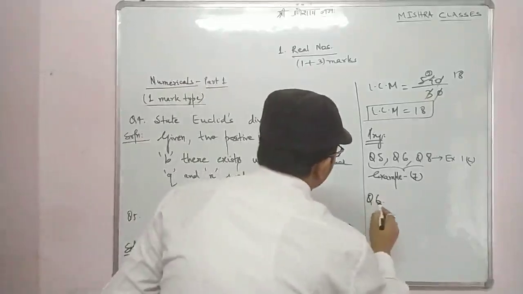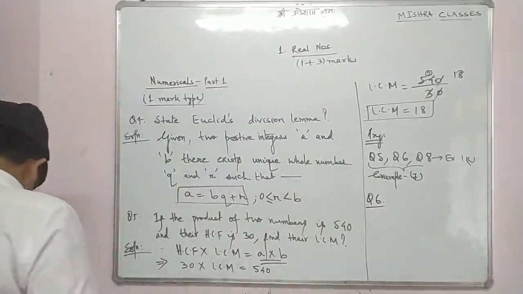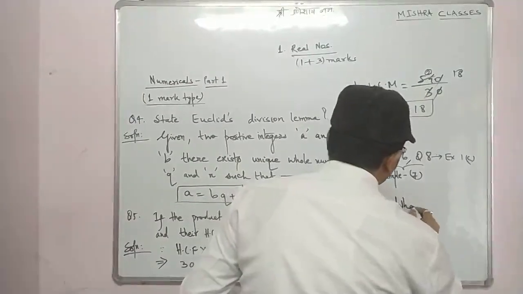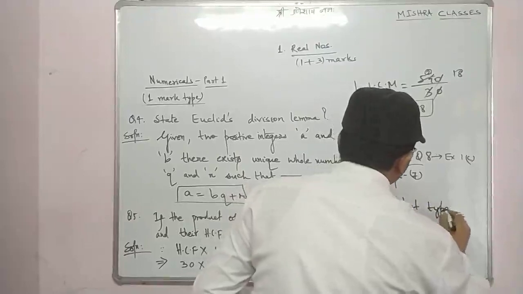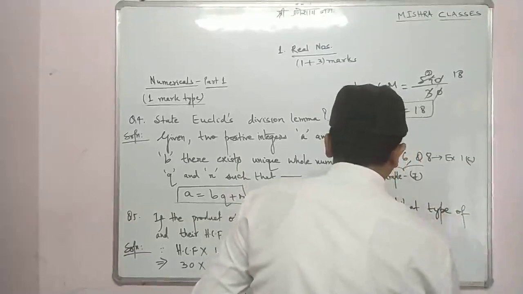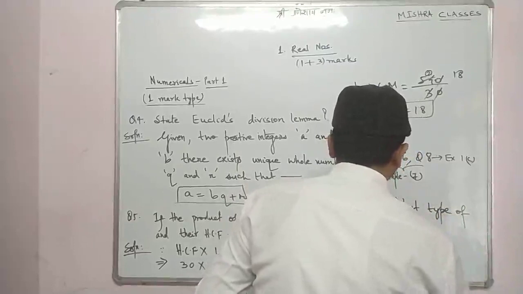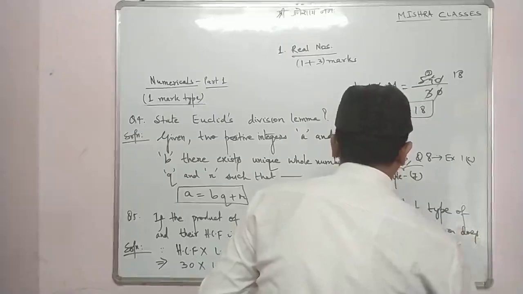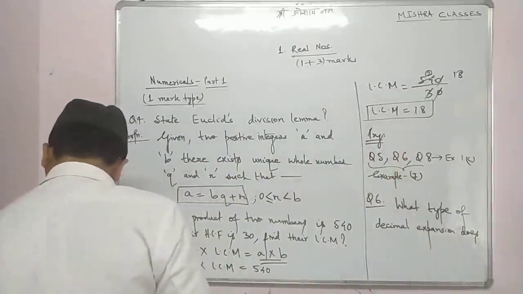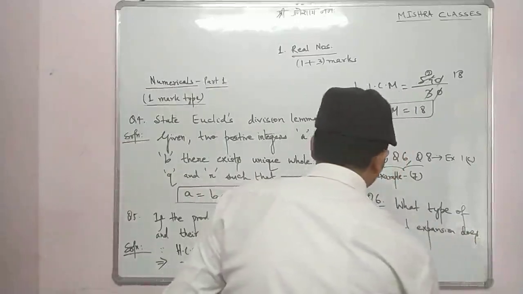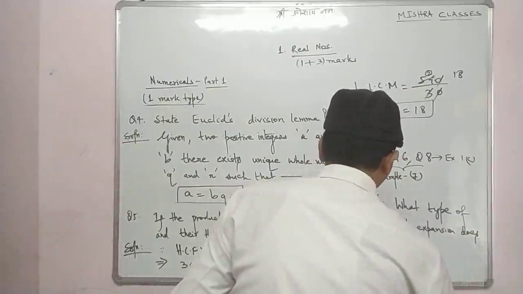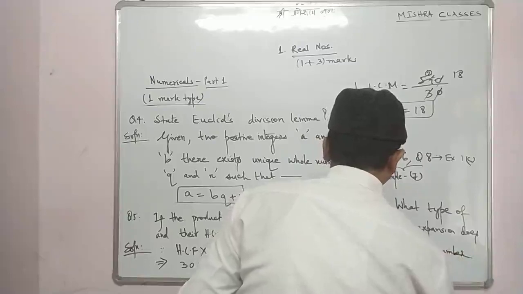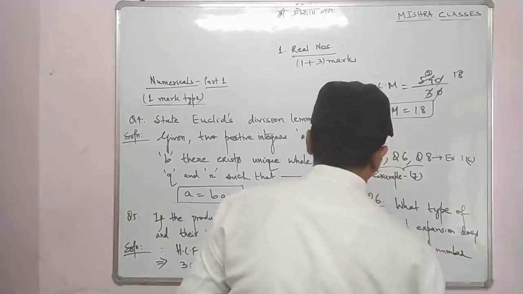Next, we move on to question number 6. What type of decimal expansion does an irrational number have?